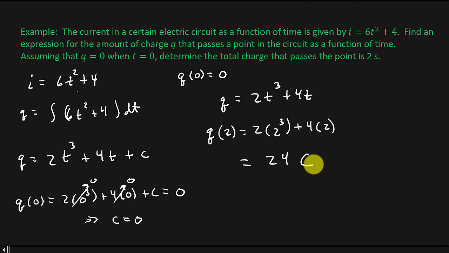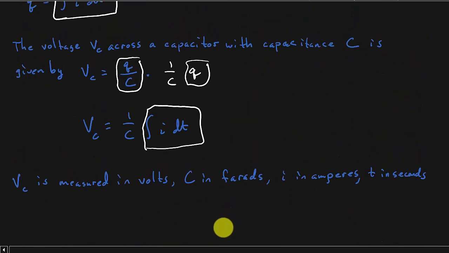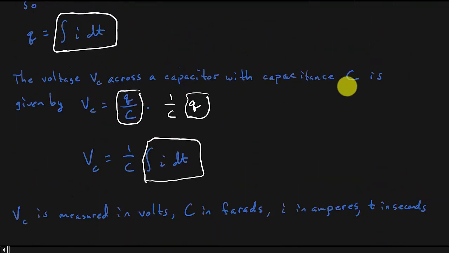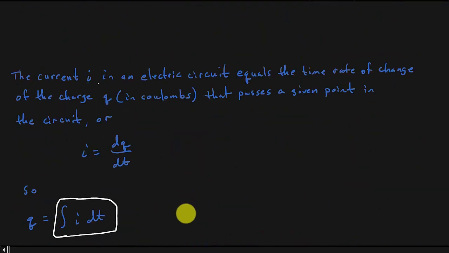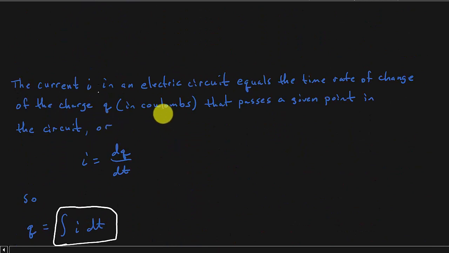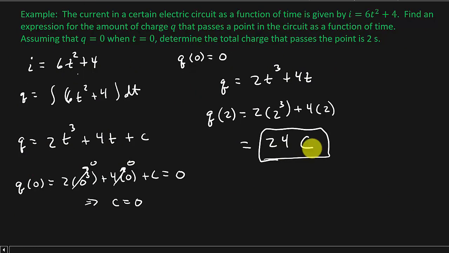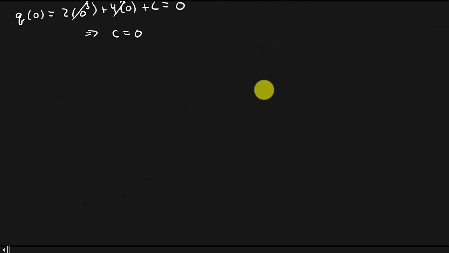And that would be what? 24 C. Now, the one thing that you want to note here, this is your answer right here, but this C right here does not represent this C. It's not the C for capacitance. What did we find? We found Q. Q is the charge, and that C represents coulombs. So that's 24 coulombs. Okay? So don't get that C confused with the one for capacitance.